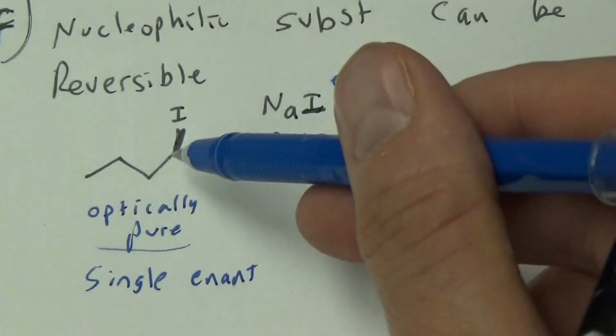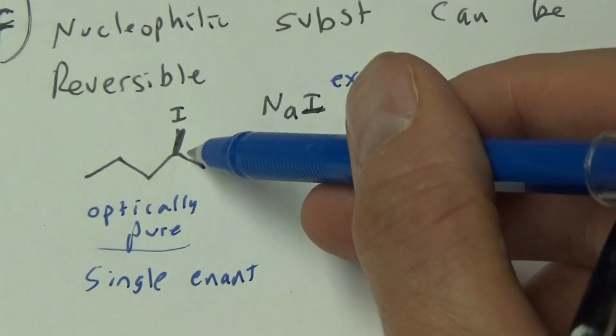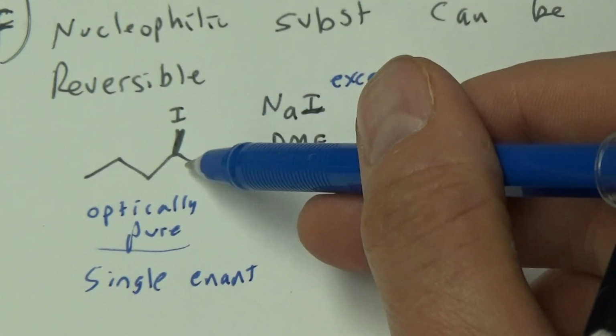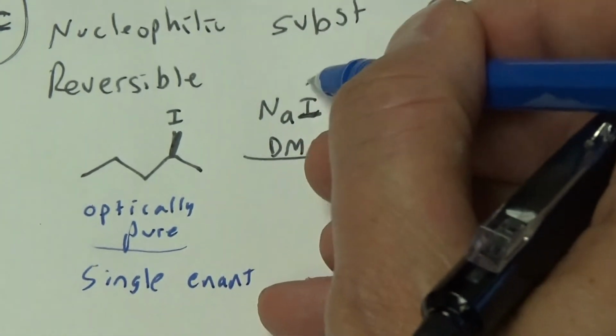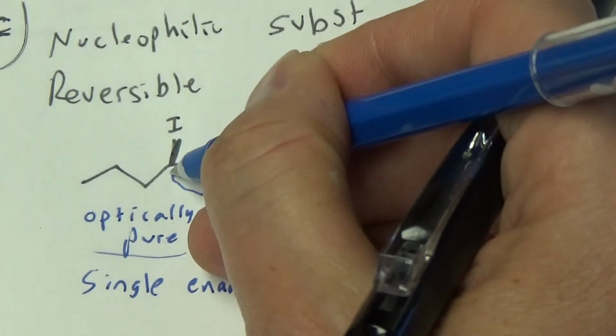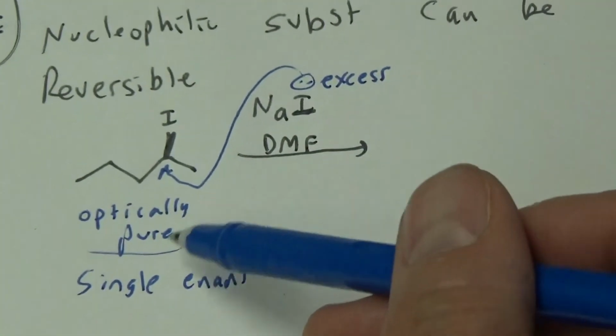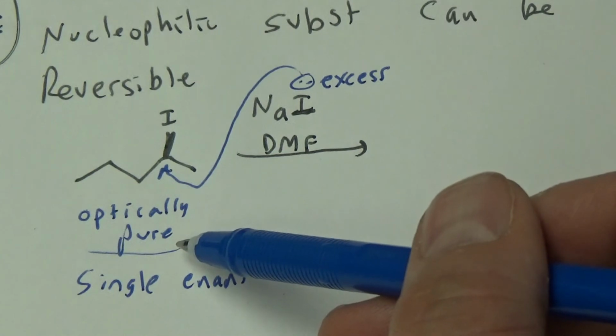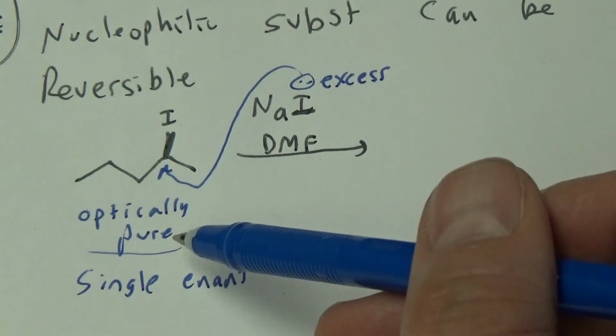It's going to kick it off and make it go dash dash dash. So enantiomer inversion, right? And it's going to keep doing that back and forth, back and forth, until it's not going to be optically pure anymore. It's going to be a mixture of enantiomers. It's going to be racemic, right?